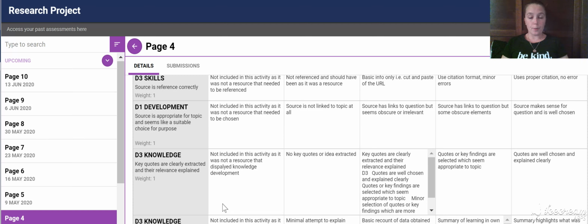A couple of things to remember. You will be submitting page checks each week, and our expectation is that you will be submitting a page of evidence, but some weeks you might find that you're trying to annotate something and it goes over a page.